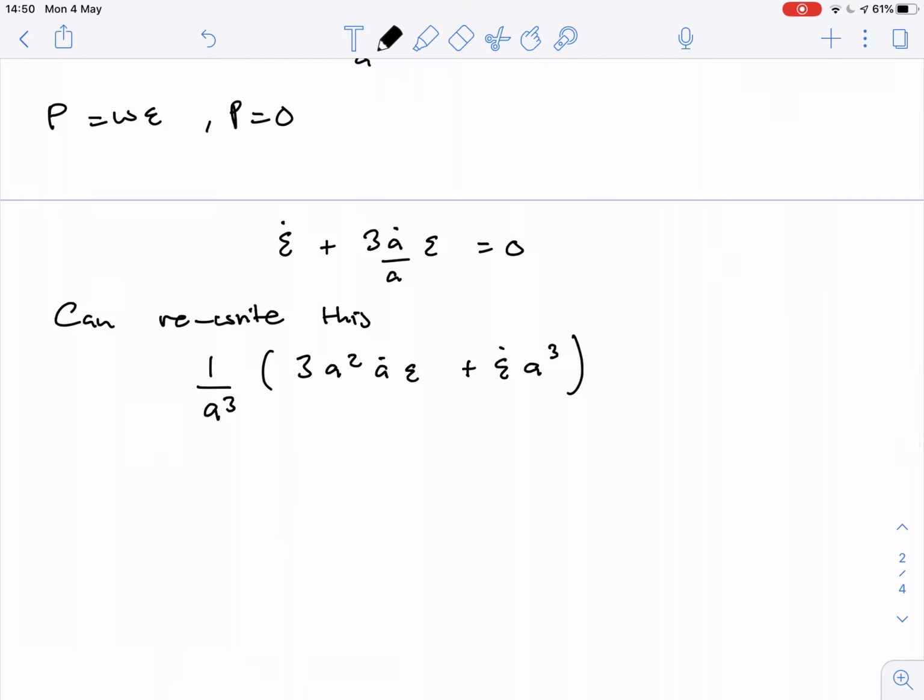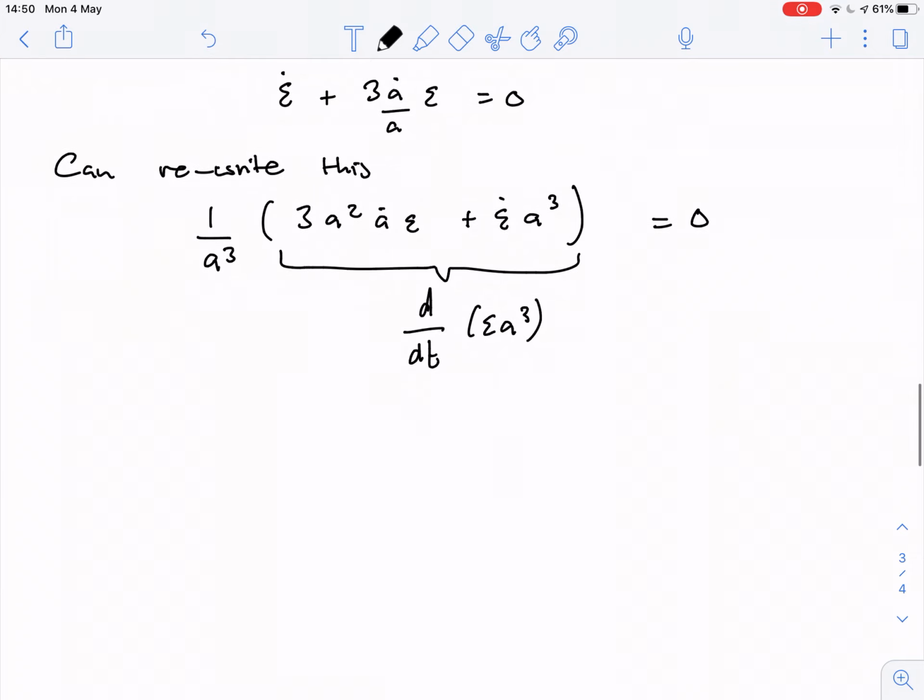This looks a bit complicated, but the bit inside the bracket is just d by dt of ε a cubed. Of course, this is equal to 0. So that tells you that the time derivative of ε a cubed is equal to 0, or that the product of the energy density ε times a cubed is equal to a constant.